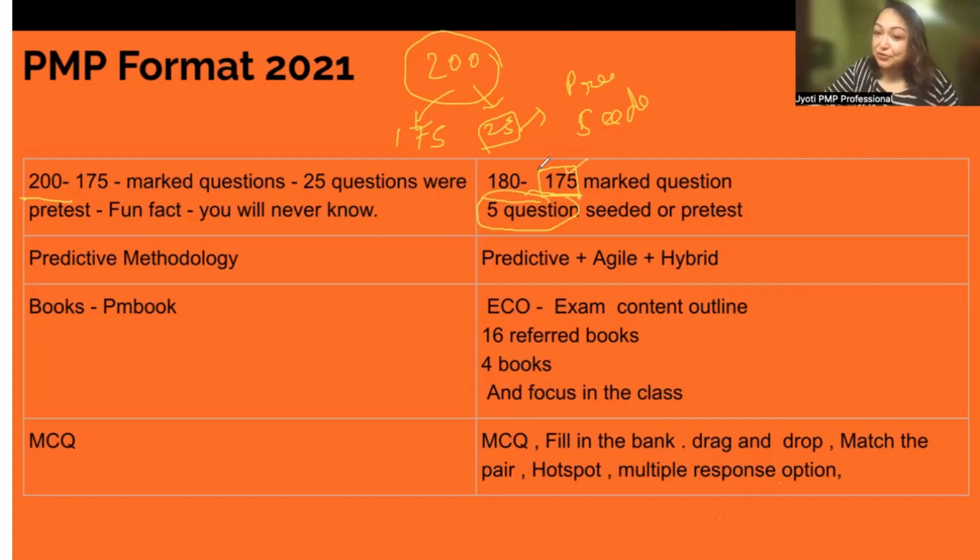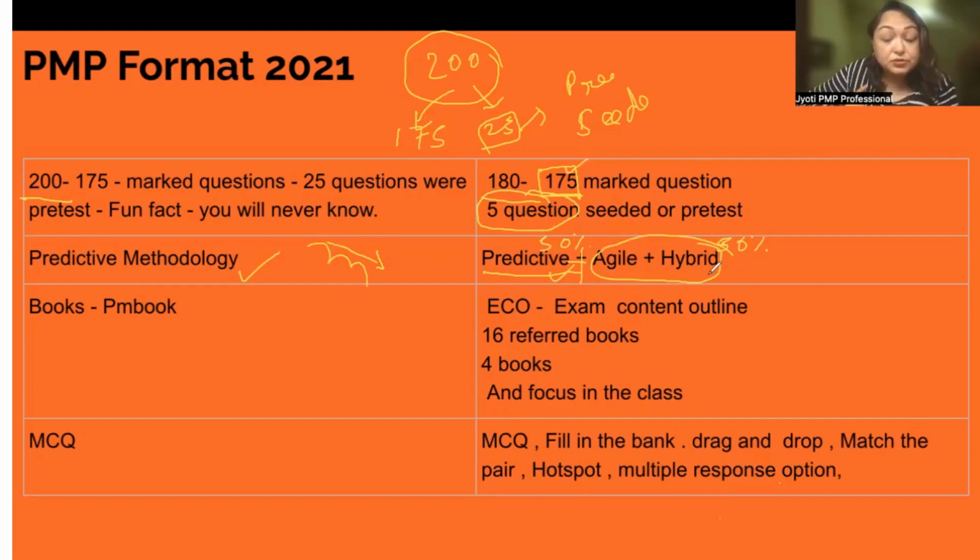So whatever answer you give, there is a better chance that you will get marks on it. Earlier, it was the predictive methodology only. Predictive is like a waterfall model, in which we move in a particular direction. Now we have predictive plus agile and hybrid. So 50% of the questions you will get from predictive, and 50% from agile and hybrid.